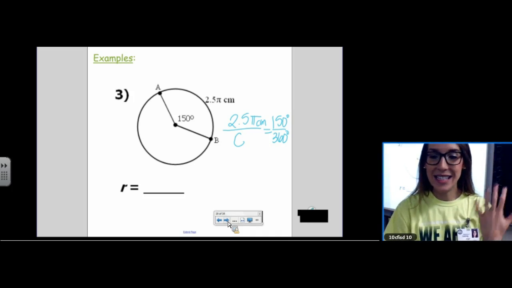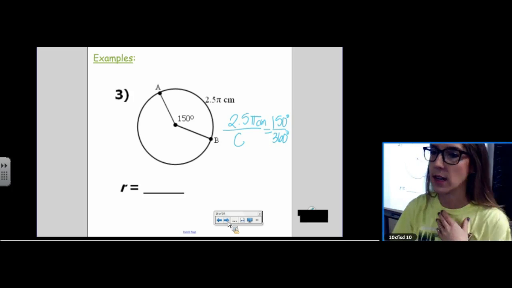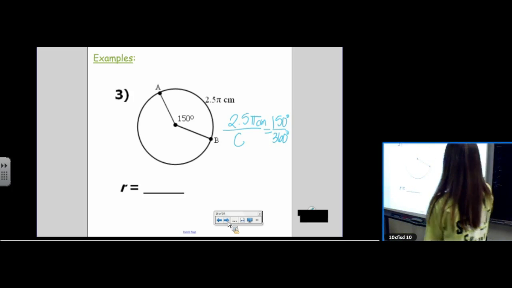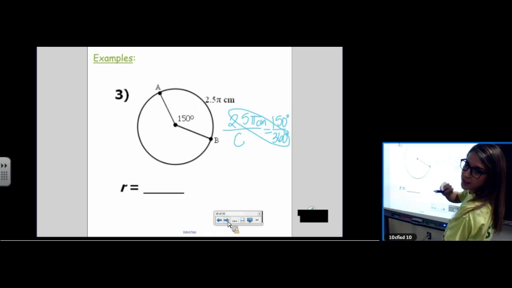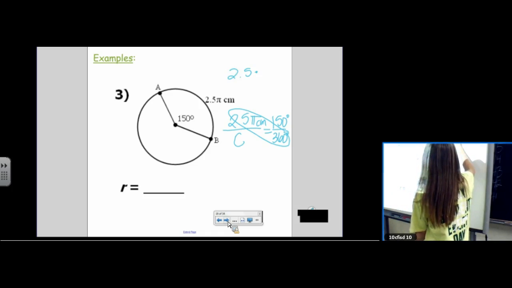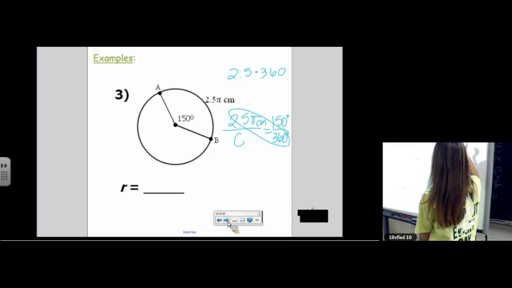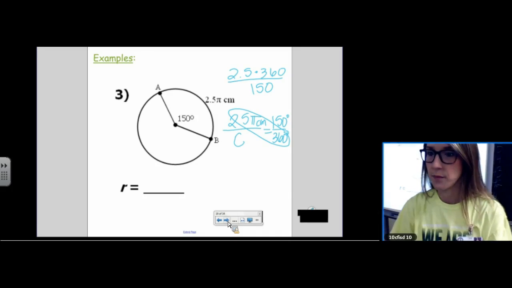We're going to find C first, and we're going to use our circumference to work backwards and find our radius. So in your calculator, please cross multiply. Do not press pi, ever, unless I give you permission. 2.5 times 360. And then divide it by 150. What do you get? Good.